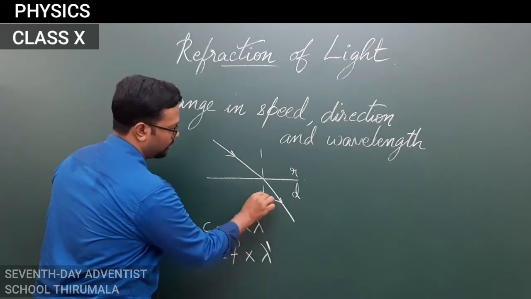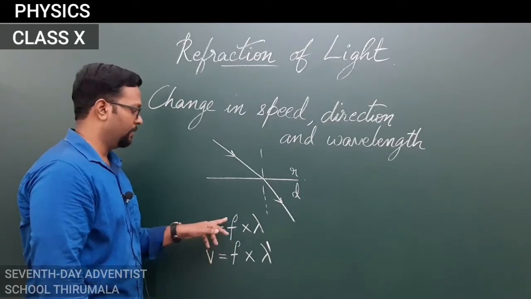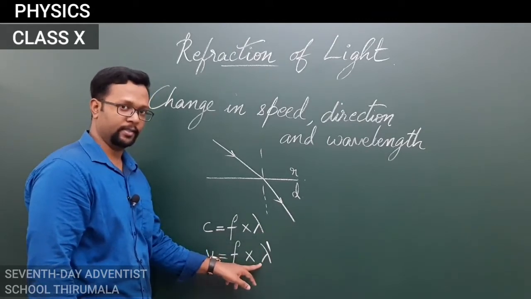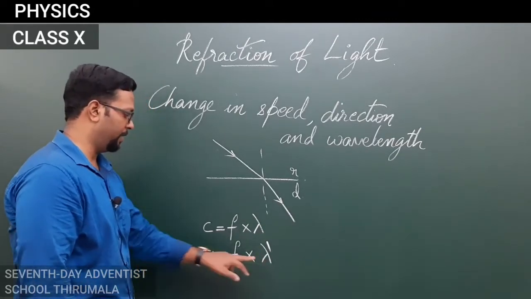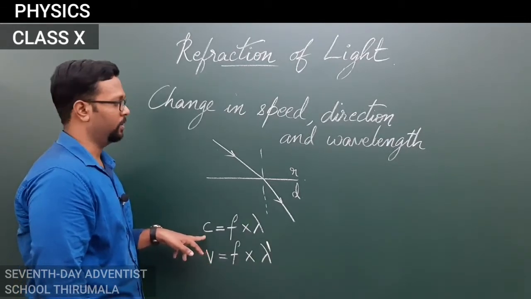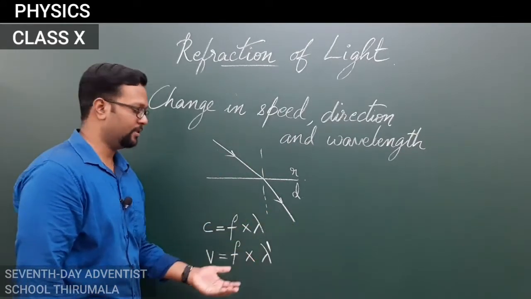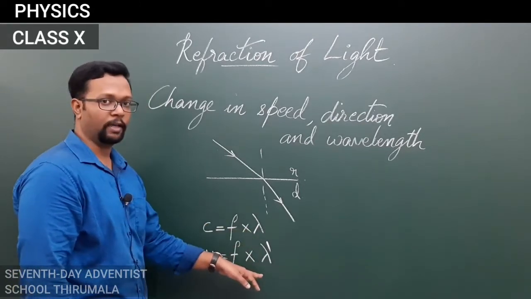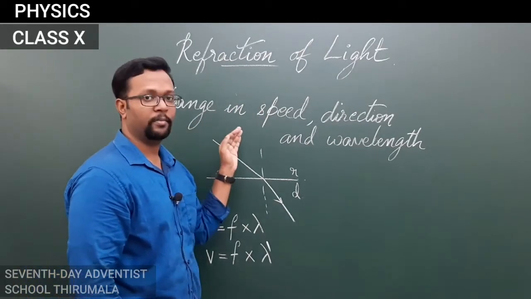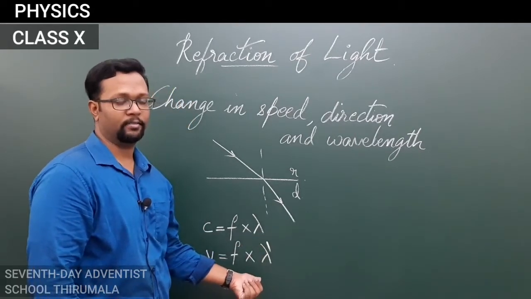So frequency remains the same but lambda decreases, so that frequency into lambda, the value of velocity, will be less than the velocity of light through vacuum. So the light ray is traveling through vacuum, entering into a medium, its speed decreases, and its speed decreases due to the change in its wavelength. So we have to remember, during refraction of light, when a light ray enters from a rare medium to a dense medium, its wavelength decreases.